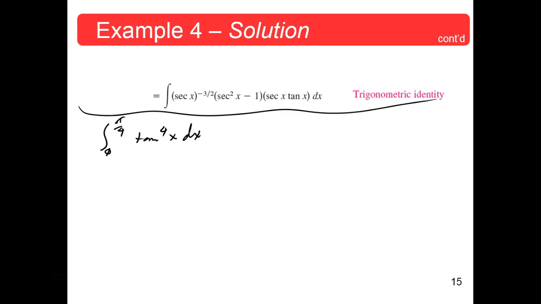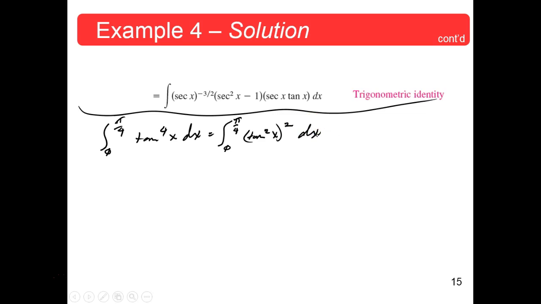Okay? So what they mean by that is integrate from 0 to pi fourths, and this will be exactly what I said to do. Tangent squared x, squared, dx.